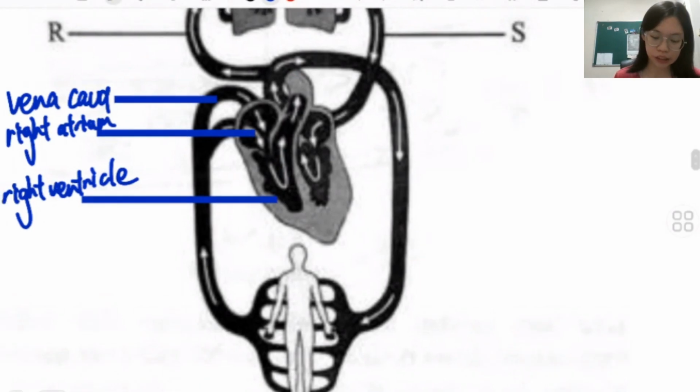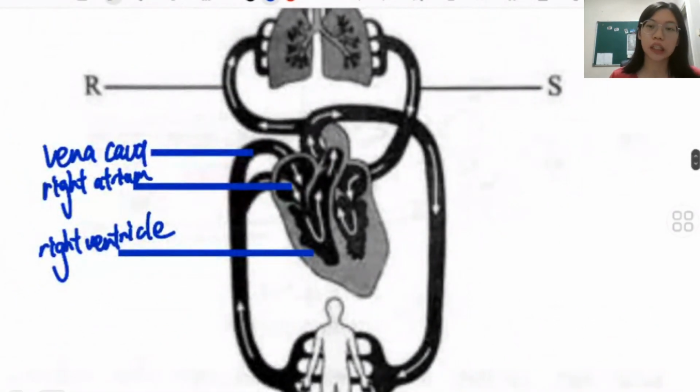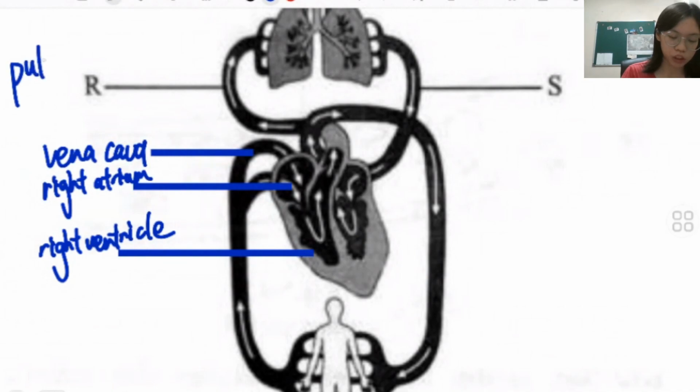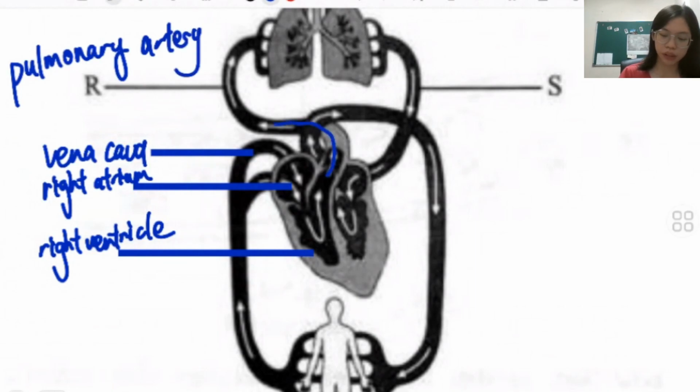To be specific, since this one is transporting deoxygenated blood, the deoxygenated blood has to go to your lungs. Lungs, in another name, we call pulmonary. So it's called the pulmonary artery, which is labeled R. It transports blood out of the heart to the lungs.